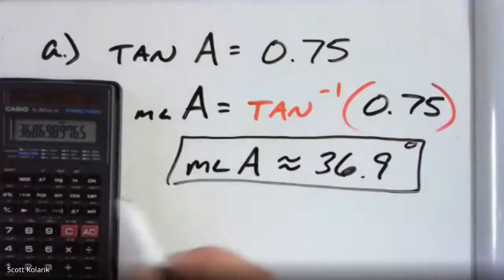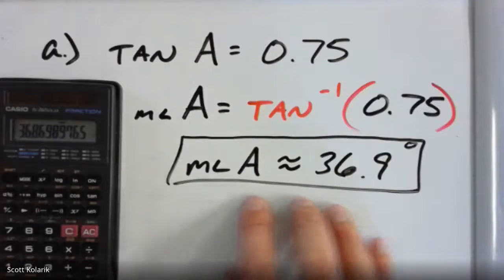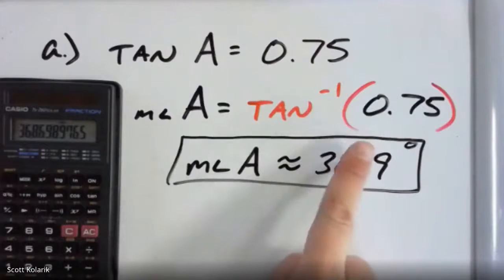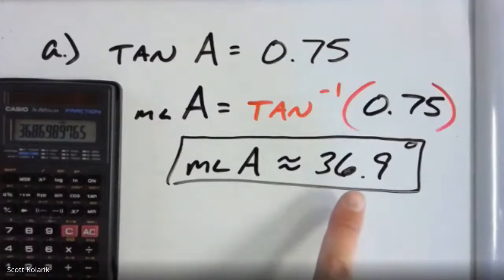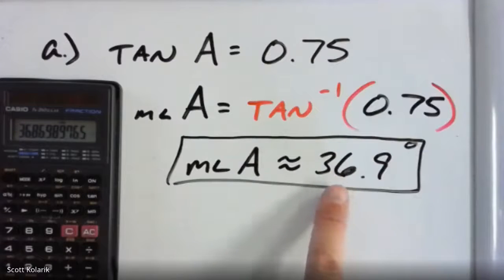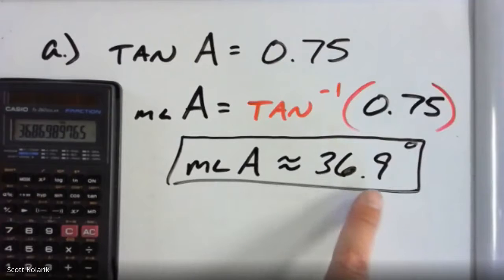As you see, that was literally a series of buttons on the calculator. So the actual computation is very, very fast, but understanding the result is equally important, right? When I did this magic series of buttons and this number popped out the other side, what does it mean? We've literally found a degree measurement, about 37 degrees, but again, rounded to the nearest tenth, 36.9 degrees.